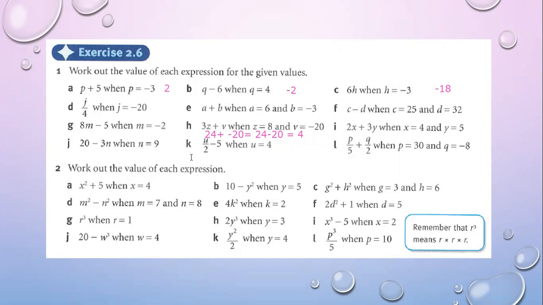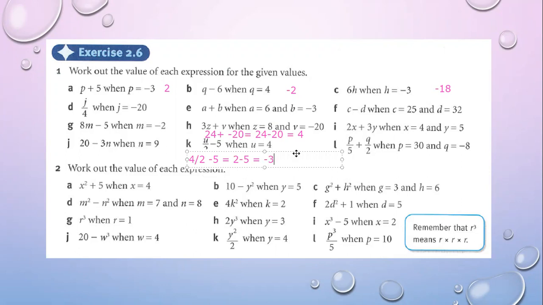Let's solve the next part of the question. They give us u is 4, so 4 divided by 2, minus 5: 4 divided by 2 is 2, 2 minus 5 is equal to minus 3.